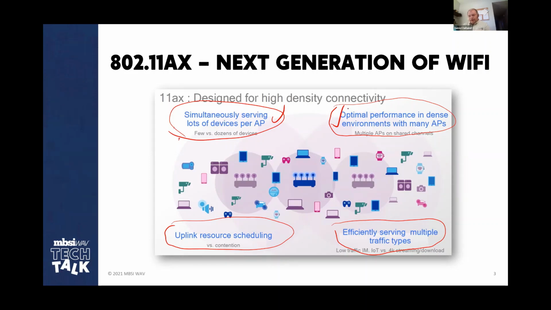One of the drawbacks of the pure contention-based protocol is that any device that has something to transmit simply waits for clear air and then does its transmitting. So in 802.11ax now, we have a mechanism that enables uplink resource scheduling.